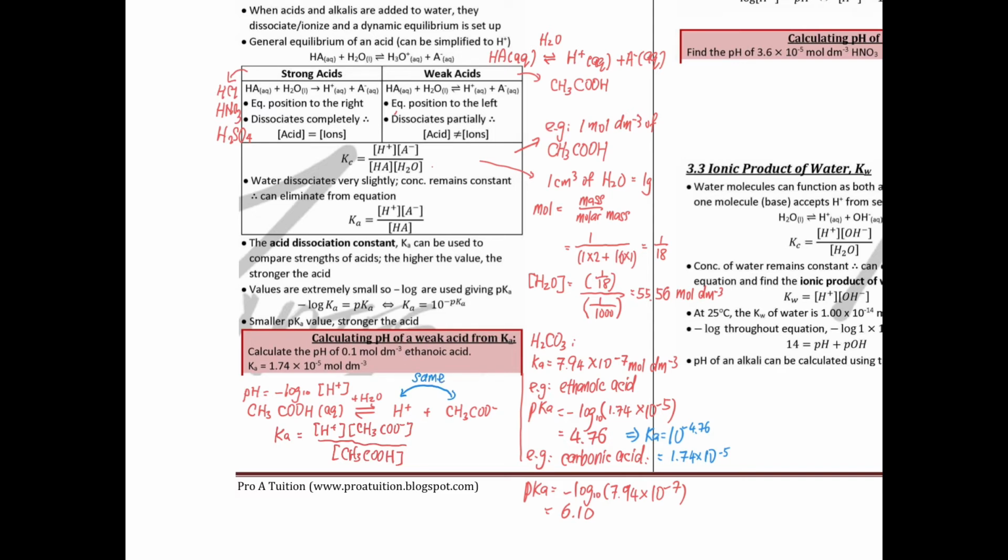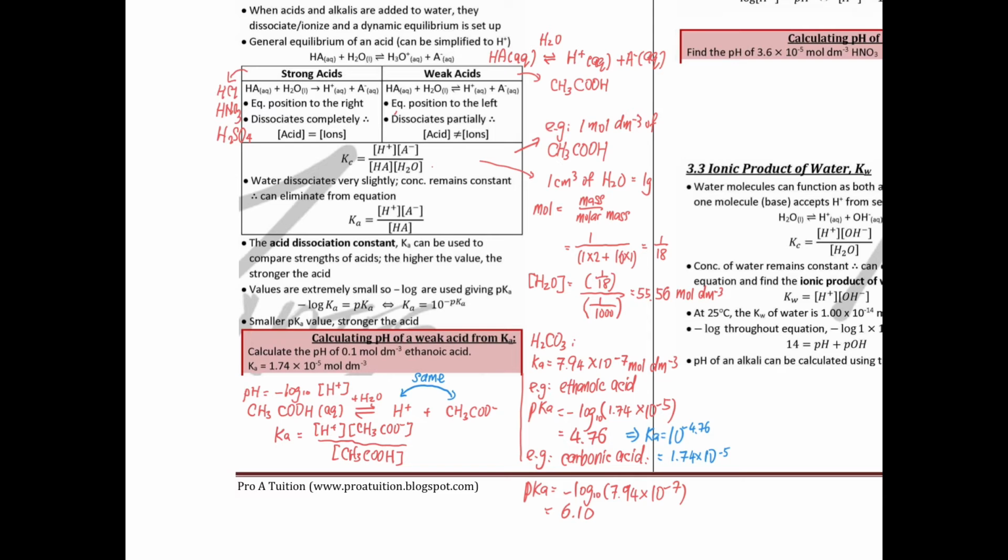Of course they are the same, because initially there are no ions in the water. The ethanoic acid molecule dissociates and forms the same amount of H plus and CH3COO minus.